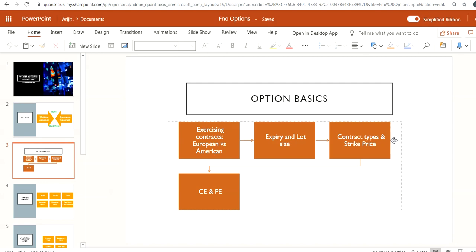These are called strike prices. There are two types of contracts that can be sold or bought: the call option, or CE, and the put option, or PE.